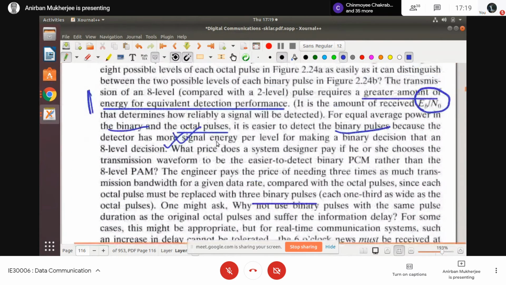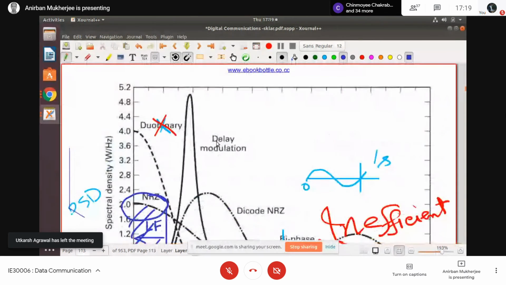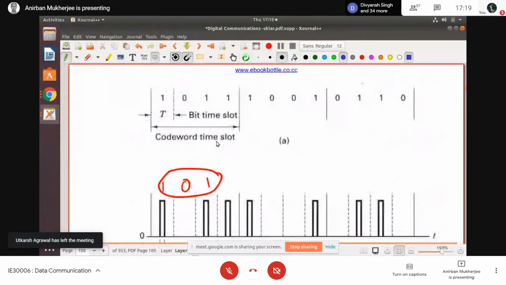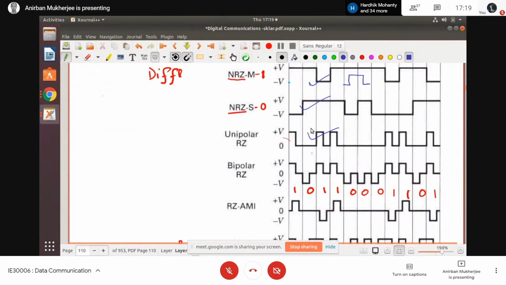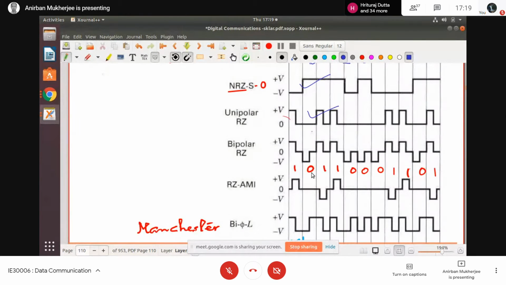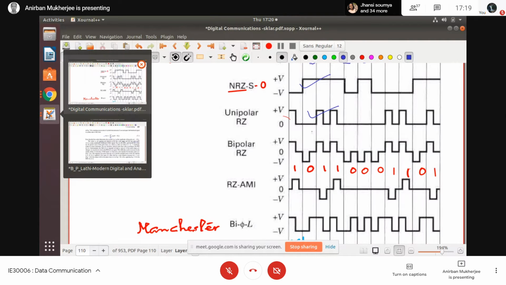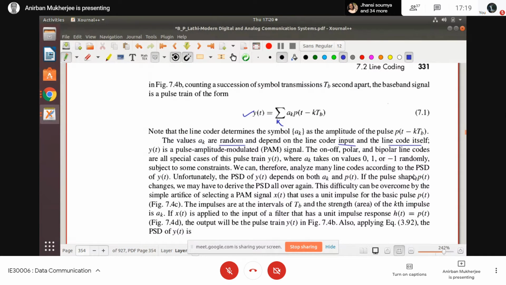For something here, AKs are only 1 or 0. Sometimes it is bipolar, meaning 1, 0, and negative. So AK can take the symbol values, subject to some constraint.